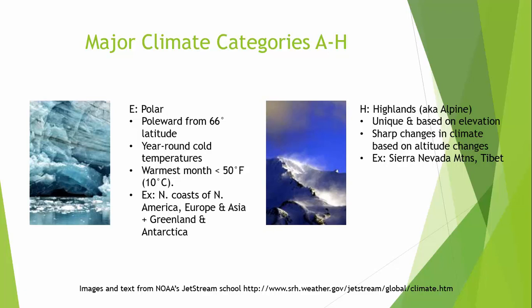So as you travel up a slope, then the climate changes very quickly from one type to another, and is very extreme. This would include parts of like Sierra Nevada mountains in the United States, the Tibet Plateau, so that's very, very high, and there's a lot of mountains in that area that are very, very high, and so those are going to have their own unique little climate areas as you travel up the mountains.